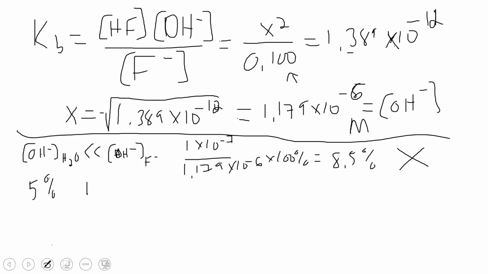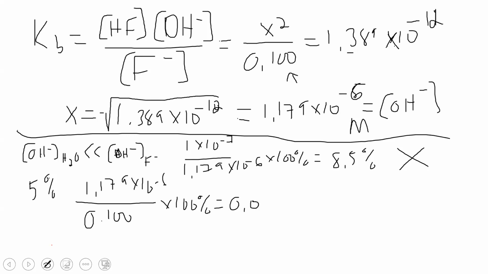So for that, we say 1.179 times 10 to the minus 6 divided by our original concentration, 0.100 times 100%. So that right there will give us 0.0012%. So that one does check out. But what that means for us is that 8.5% is greater than 5%, so we're going to make a new icebox and redo our calculation.